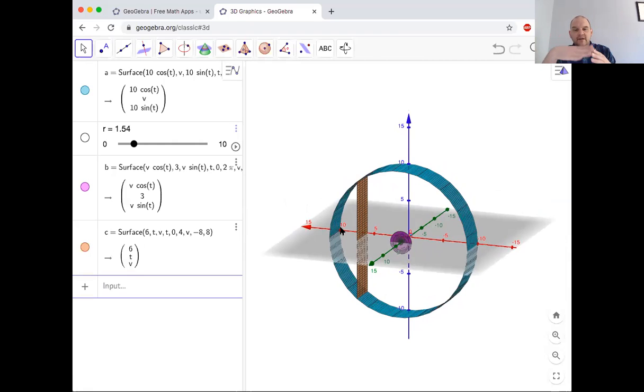But we could potentially do that. And the way you would do that is the top half of this thing is the square root of 100 minus x squared, because x squared plus z squared is 100. So it'd be the square root of 100 minus x squared. And then the bottom part would be negative that.